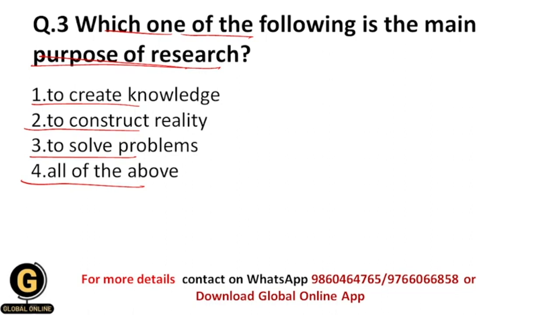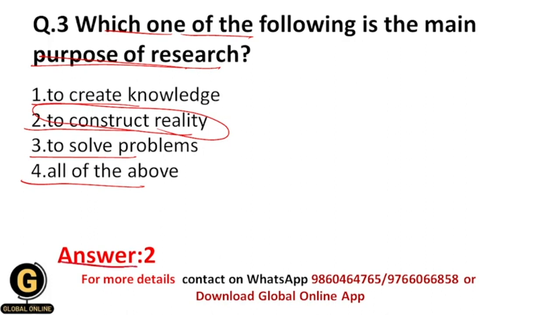Basically it facilitates creation of knowledge as it involves investigation and experimentation. It helps to construct reality by testing hypotheses and generalizing findings. So basically the main purpose of research is to construct reality, because it includes investigation and experimentation, and research describes different concepts and explains different concepts. Research predicts a situation, or it predicts a solution. And that's why the correct answer for this is second.